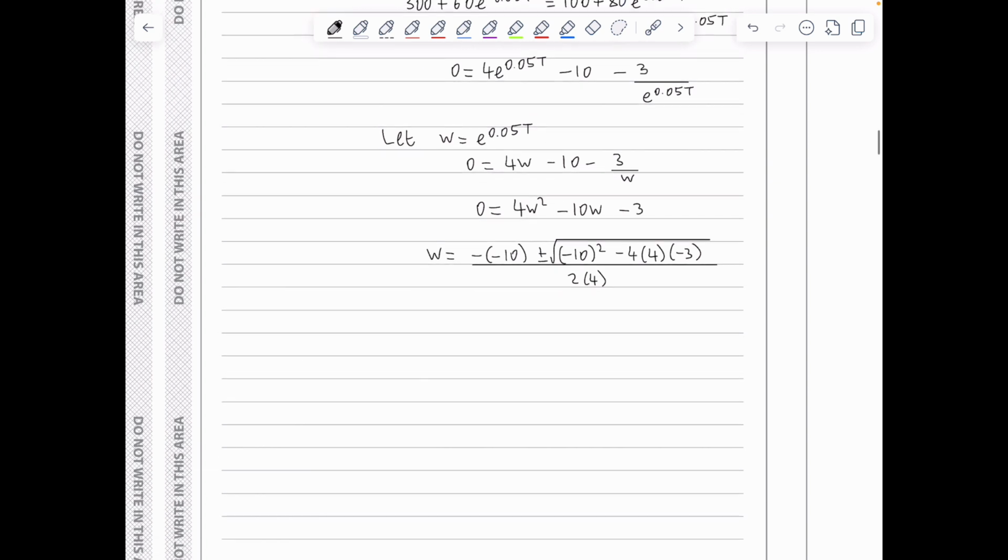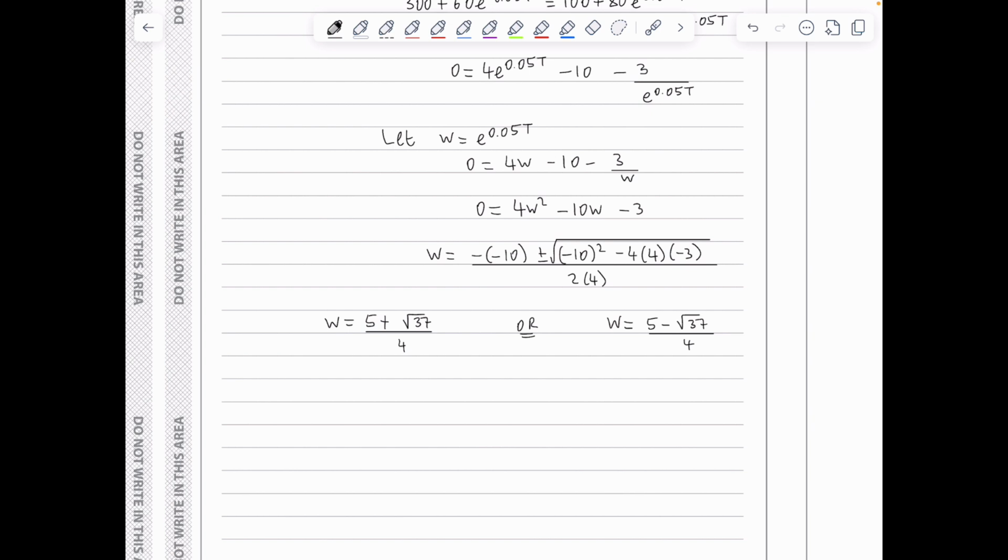So the two solutions we get are W is 5 plus root of 37 all over 4, or alternatively, W is 5 minus root of 37 all over 4.